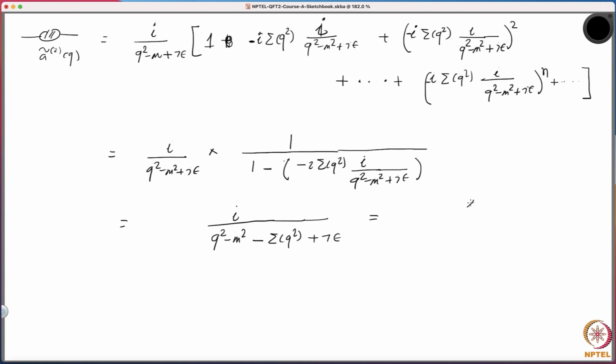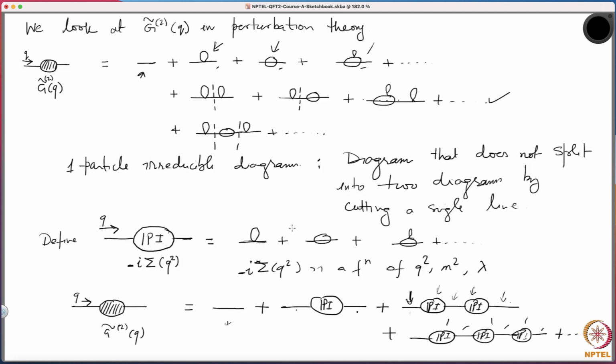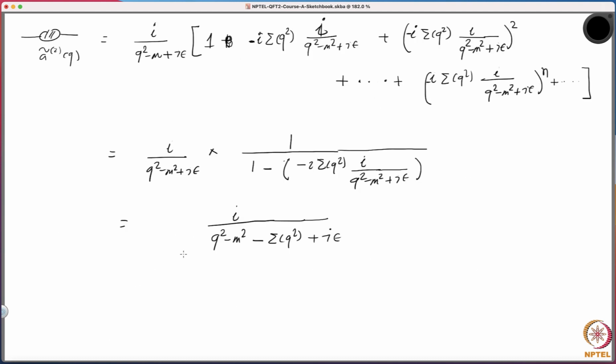Okay, now you see why I had kept this. Okay, this is fine. Don't need to do anything more. So you see, if sigma q square gives you a positive contribution, then the way we have arranged everything by including a minus I here, we get a positive contribution to the mass.